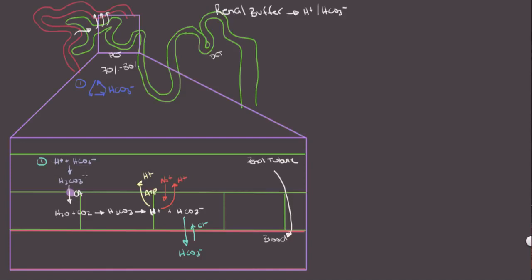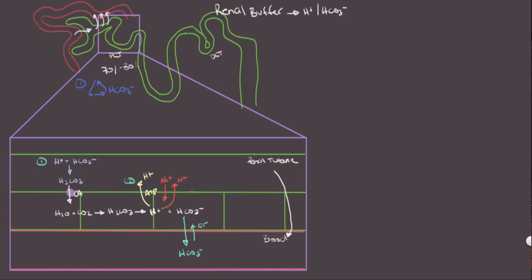By creating carbonic acid, going through carbonic anhydrase to produce H2O plus CO2, again creating carbonic acid and going through the carbonic anhydrase system to produce H plus and HCO3 within these renal tubule cells, I can use the mechanisms in place within these cells to get rid of hydrogen ions through either the ATPase or our sodium exchanger. Additionally, I can use my bicarbonate chloride shift in order to get bicarbonate back into the bloodstream and exchange it for chloride ions.